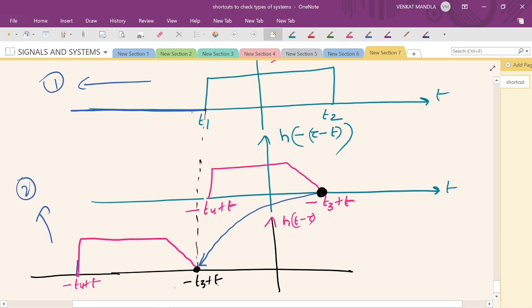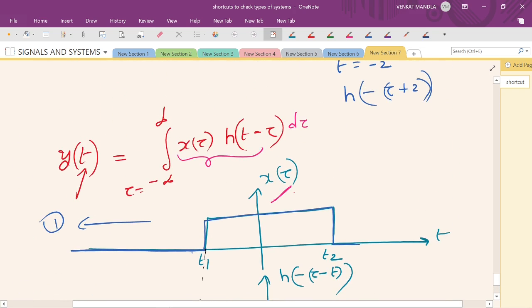But here the signal is there, and multiplying these two, 1 and 2, you will get 0. Here t1 to t2 we have some signal, but multiplying gives 0 only. So in this case you are getting 0 output y of t.